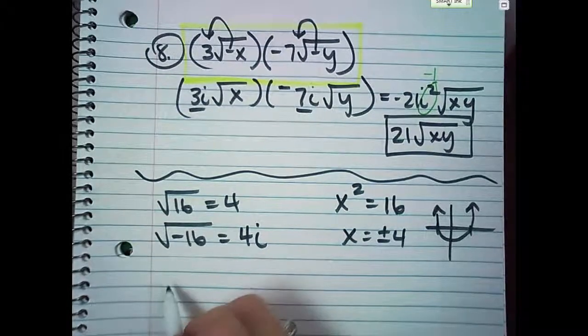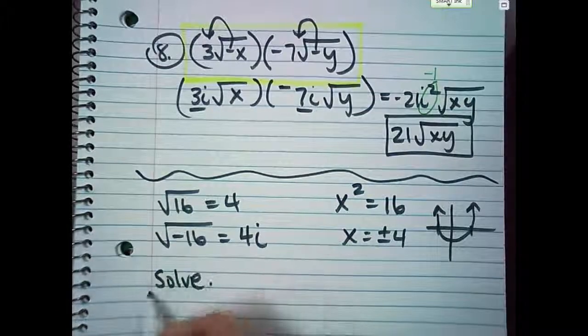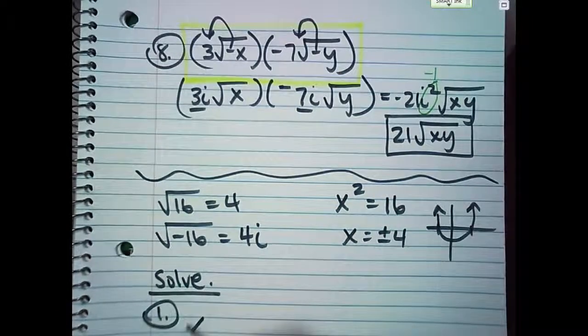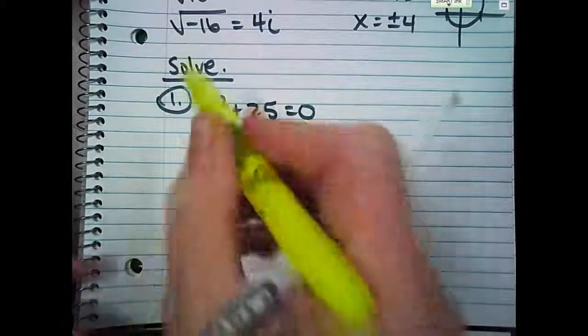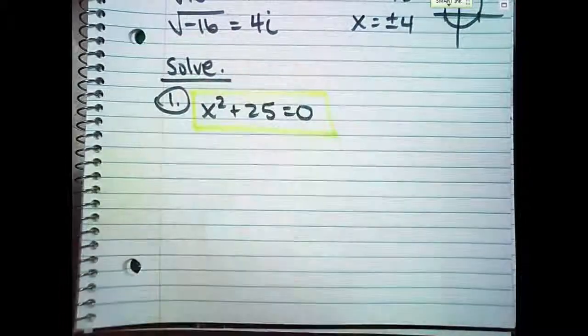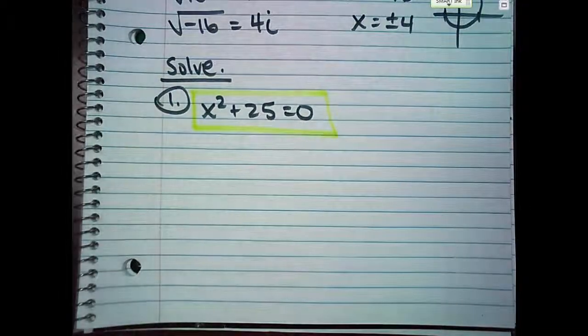So on that note, let's solve these. And you remember we studied polynomials not too long ago? If it's a cubic, how many roots can it potentially have? 3. If it has a fourth power, how many potential answers will it have? 4. Well, this is quadratic.